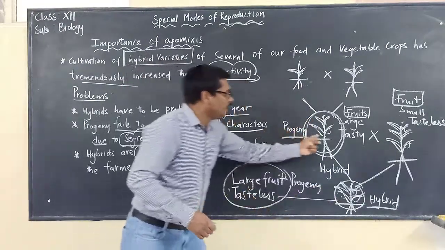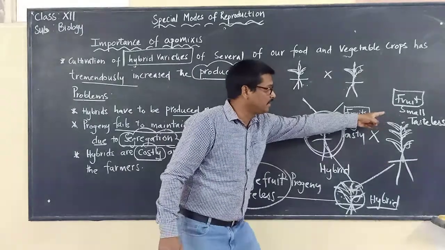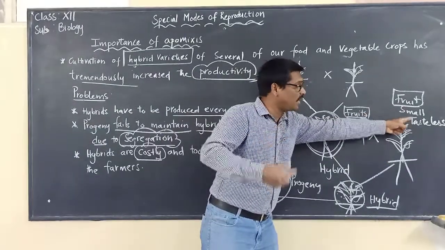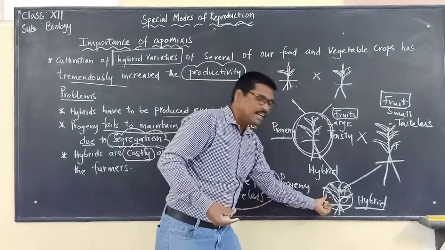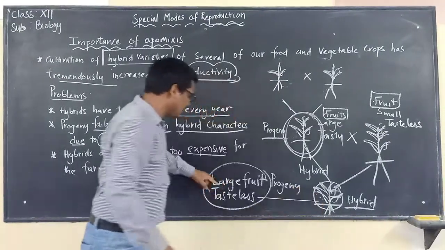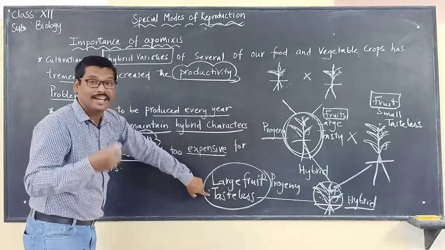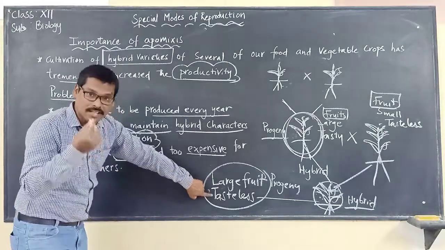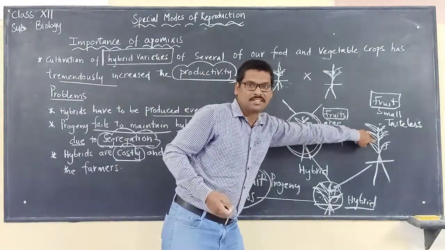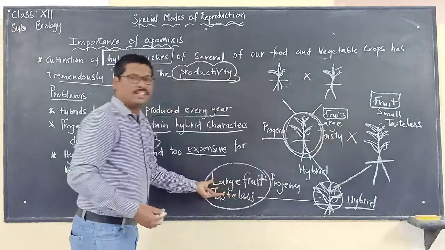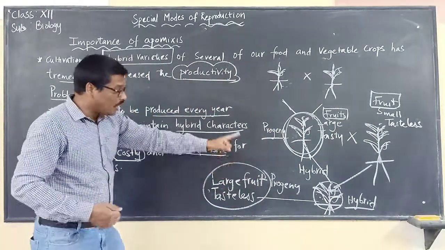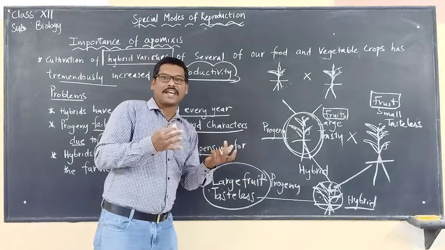Because it is crossed with another plant which is bearing small and tasteless fruits. So what happened here now? It is bearing the fruits which are large, but they are tasteless. This characteristic which is tasteless is from another plant. So both the characteristics are now present in the hybrid. So what happened here is segregation of characteristics.